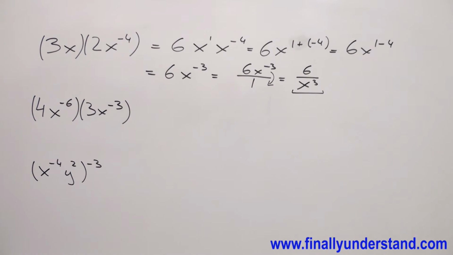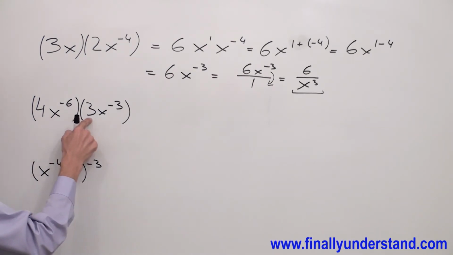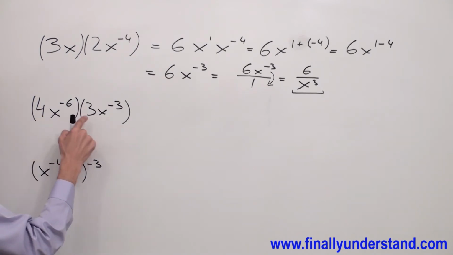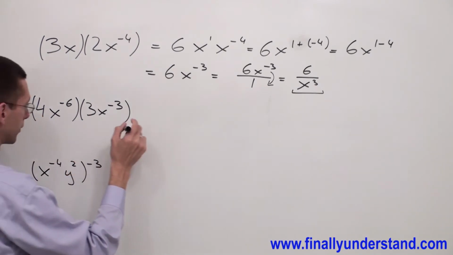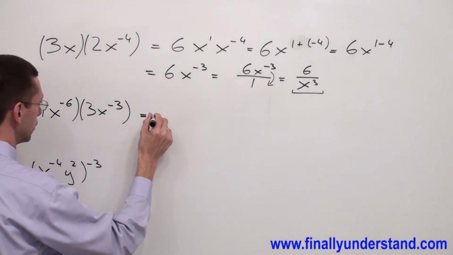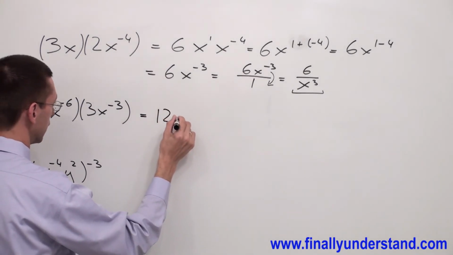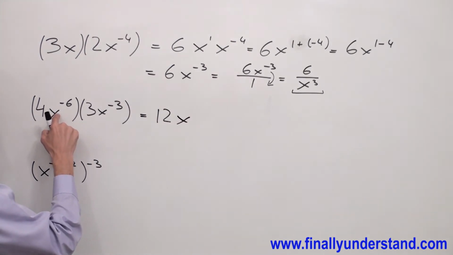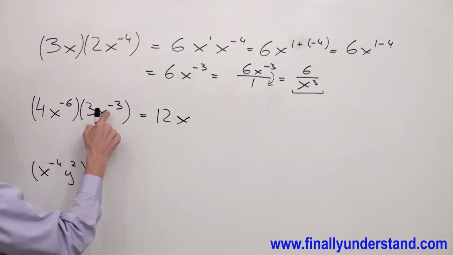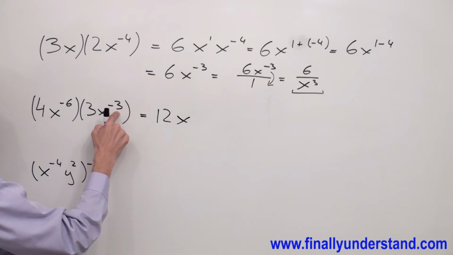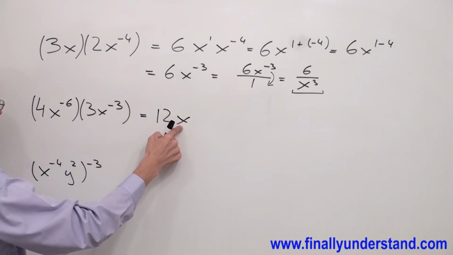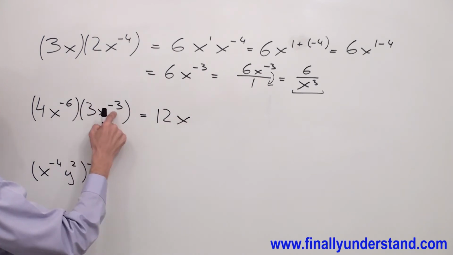Let's take a look at another example. First, I have to multiply the integers. I have 4 times 3. Okay, so I'm going to have 12x, and I have x to negative 6 times x to negative 3. Okay, anytime I have the same base, I have to keep the base and add exponents.